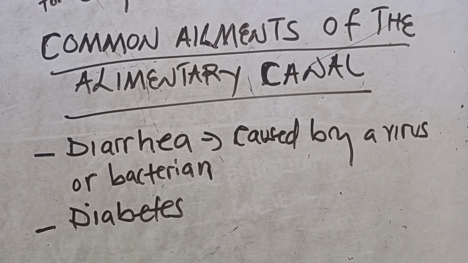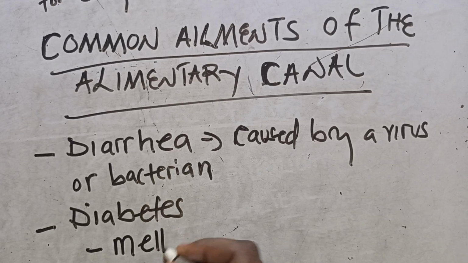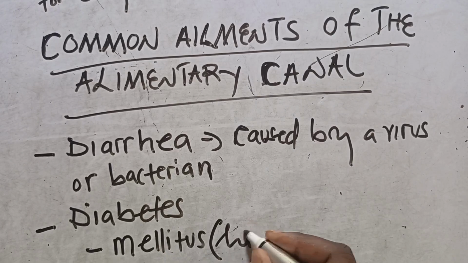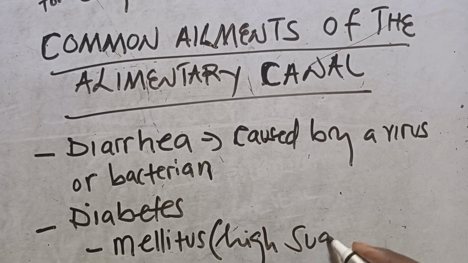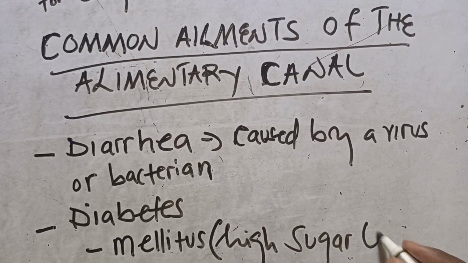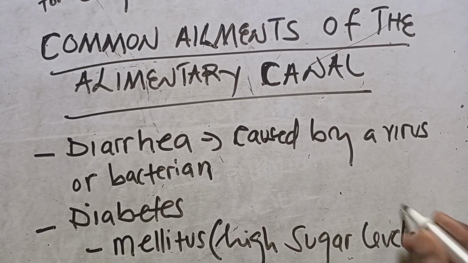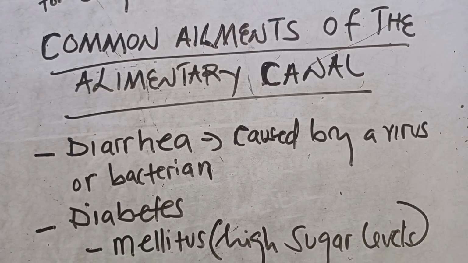When you have a high concentration of sugar in the body, that kind of diabetes is what is called what? Diabetes mellitus. I'll just write the word mellitus here. High sugar levels in the body is what is called diabetes mellitus.